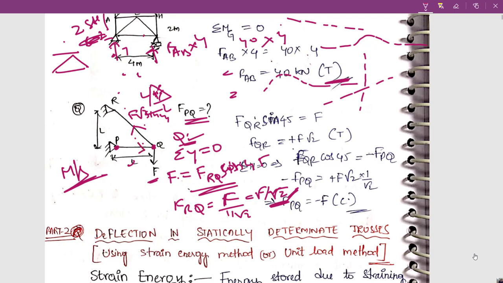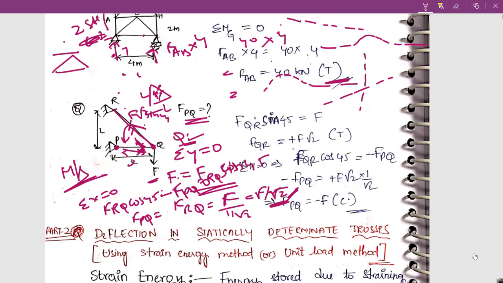Now I have to get the value of PQ. I can use sigma X equals 0. The component of FRQ is FRQ cos 45. This is tensile, and I have assumed FPQ as compressive, so minus FPQ equals 0. My FPQ value is FRQ cos 45.